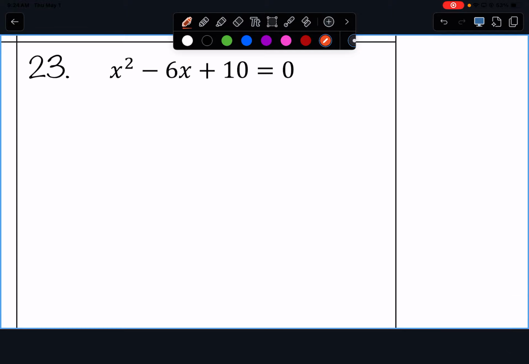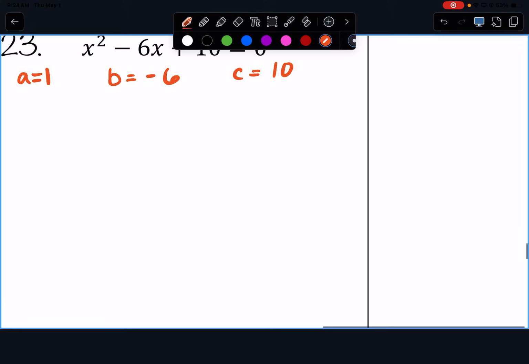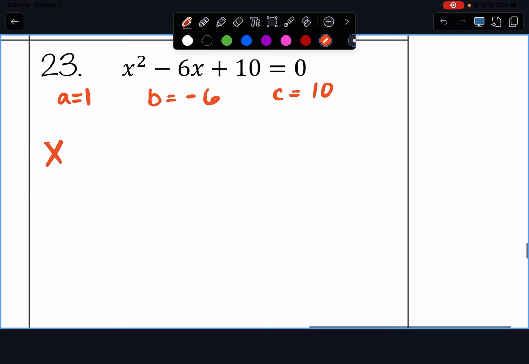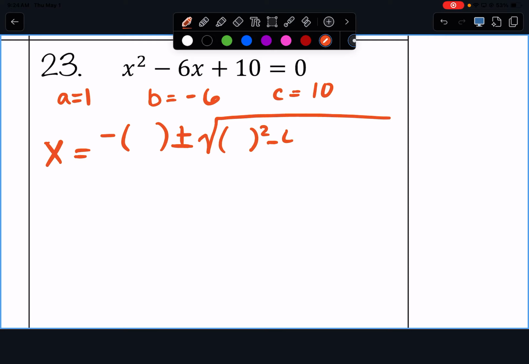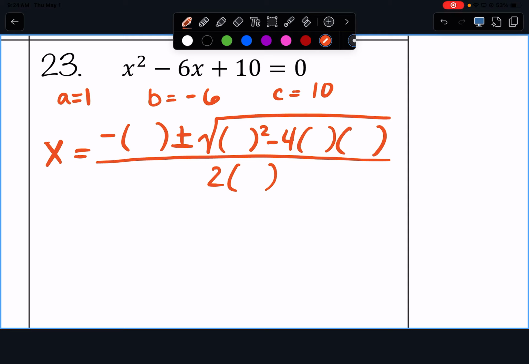So for 23, okay, what is A? 1. What is B? What is C? 10. So we're going to set up the quadratic formula. So x is equal to negative b plus or minus the square root of b squared minus 4 times a times c, all over 2a. So when I go to plug in, we are going to have what?